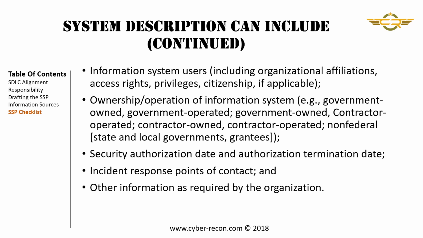Obviously, this is not a holistic list, but this is a good starting point for finding information about your information system that can be documented in the SSP to provide descriptive information to both the authorizing official and the security control assessor, as well as anyone that needs to know information about the security controls and the status of your information system.